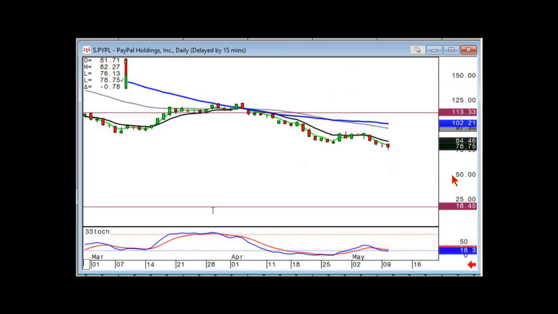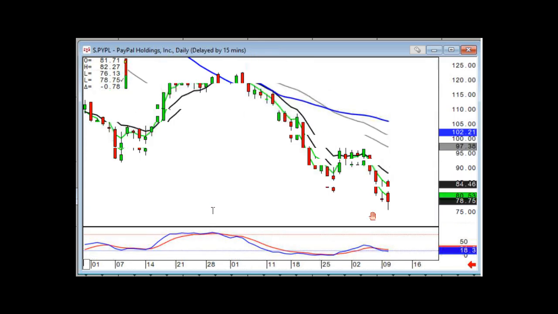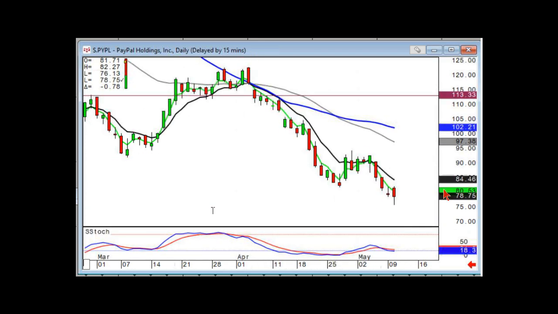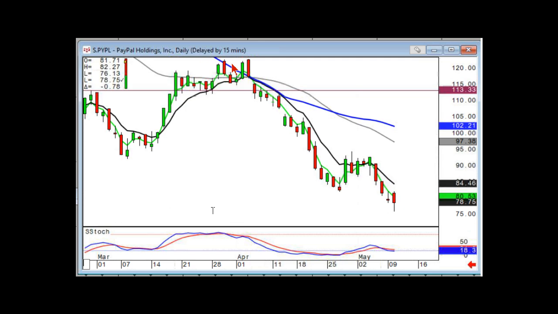So PayPal also makes this very simple as far as an entry strategy. Wave 1, wave 2, morning star type signal, but it didn't confirm. Tried to get back up, didn't confirm.